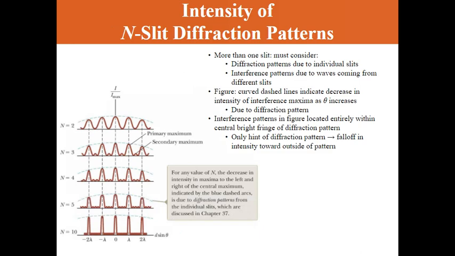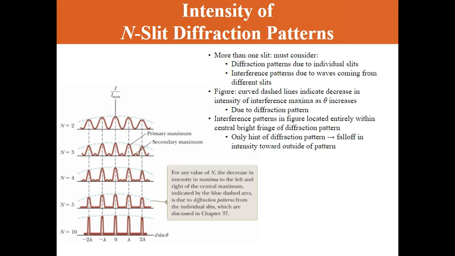Now, if you keep adding more slits, you are still only really going to see the central part of the envelope. You just have more and more secondary maxima as you add more slits.